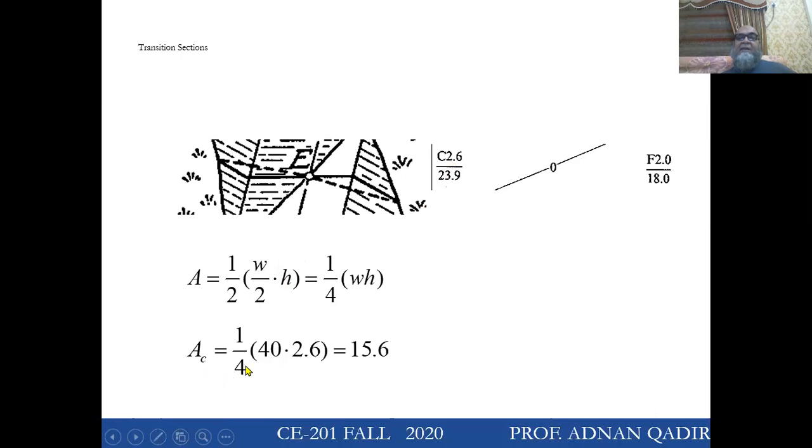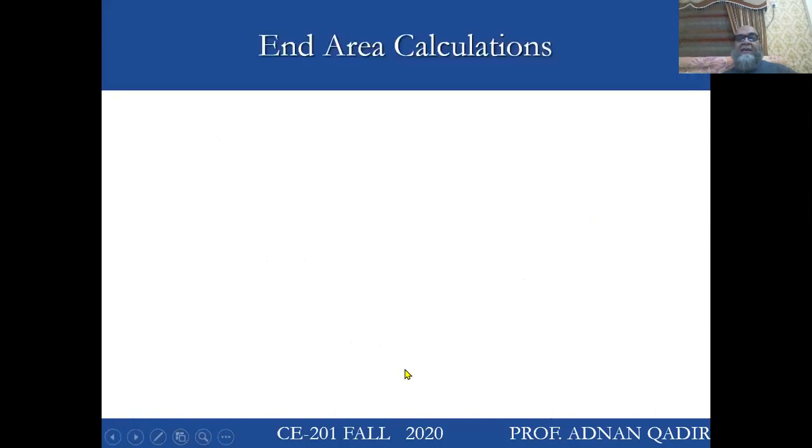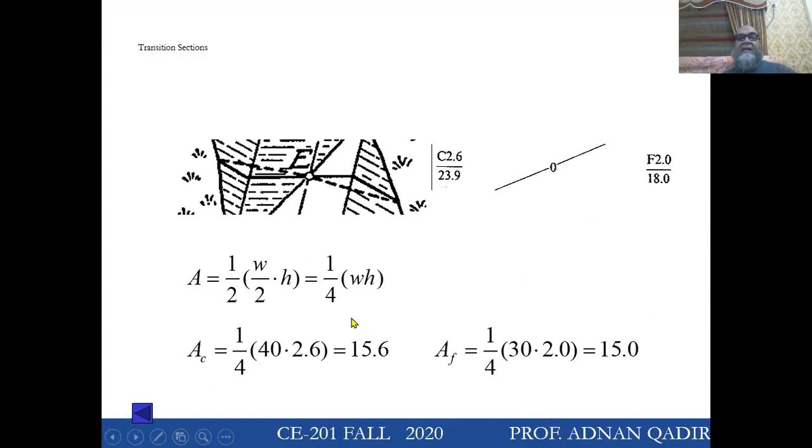This area in cut is 15.6 and area of fill. The only thing that differs is that in fill you have 30 feet wide and height is now 2 feet. So you will get this area, AC and AF.